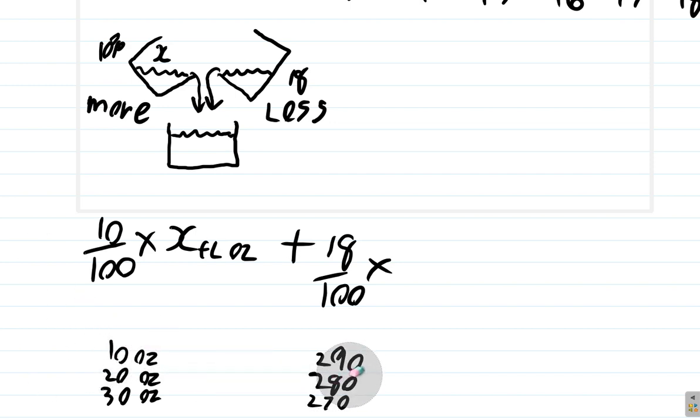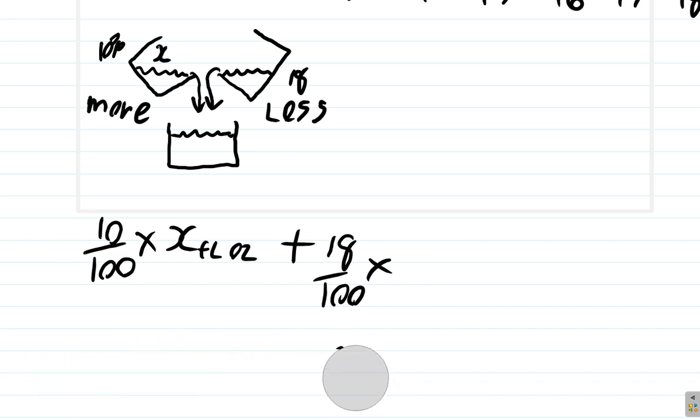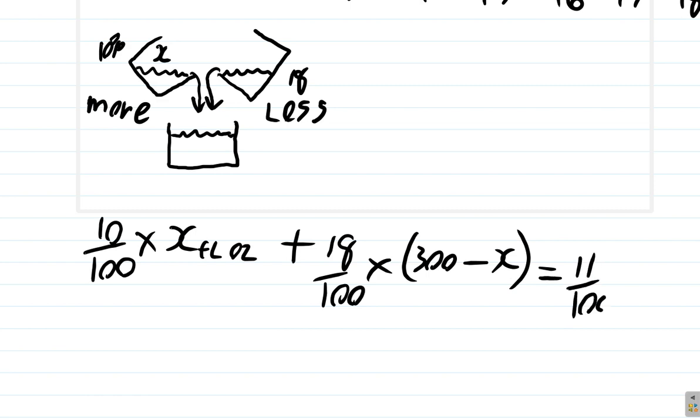So it's 300 minus the 10 would give you 290. 300 minus the 20 would give you the 280. 300 minus the 30 would give you the 270. So it's 300 minus the X fluid ounces to give you the 300. This will result in 11% of 300. Alright?